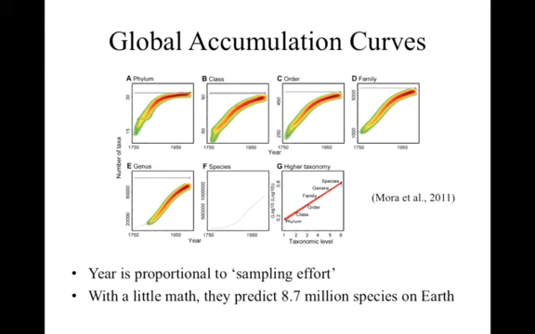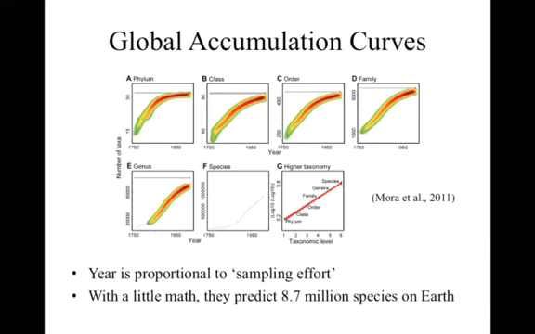We're obviously still in that quite unsaturated part of the curve where every time we go look we find new stuff, but because we maybe started to turn over, what scientists have done is extrapolated and tried to fit the curve to figure out where exactly we're going to flatten out and how many species there are on Earth. And so when I said we really defined 2 million species, but there's 9 million on Earth, this is how scientists get that number of 9 million. It's extrapolating these curves and saying, well, it looks like, with enough sampling effort, we're going to saturate at about 9 million species.